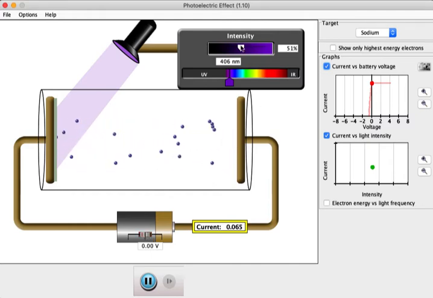So here's the problem. There is a point, and let's turn this down. Actually, let's turn this to like 20, 30%. I'm going to move this to negative 1 volt, right? At this point, there's enough voltage here that none of the electrons that are liberated from this particular photoelectric device can bridge the gap. Our current is zero.